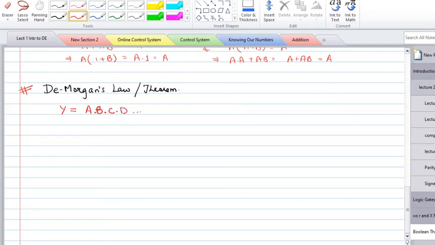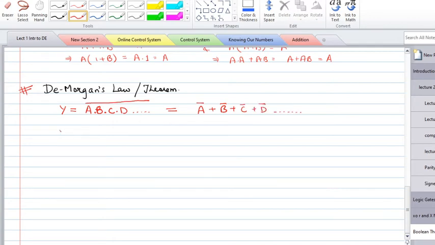then this will be equal to, by replacing your AND operations with OR operations and taking the individual bars, A bar + B bar + C bar + D bar and so on.